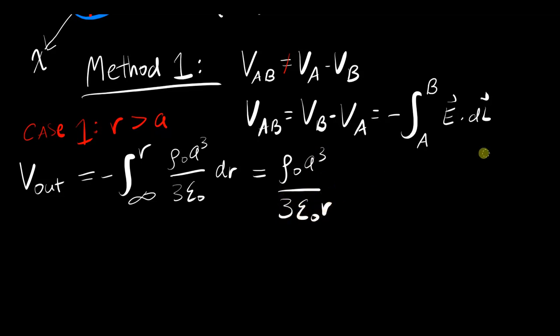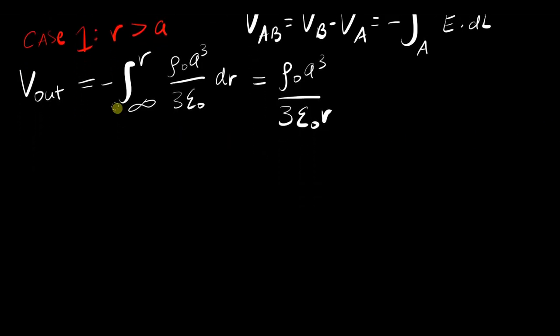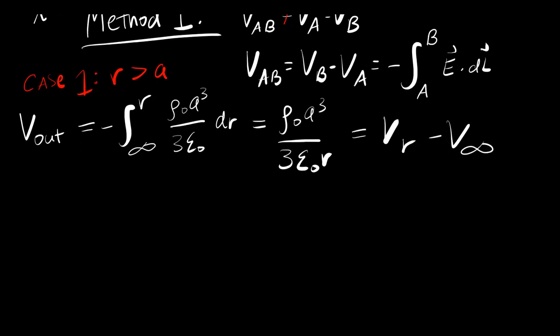That's really all you need to do for the first case. This can be related back to the formula that we know, like saying this is V(r) minus V at infinity. I'll get back to this again later when we look at the second case.